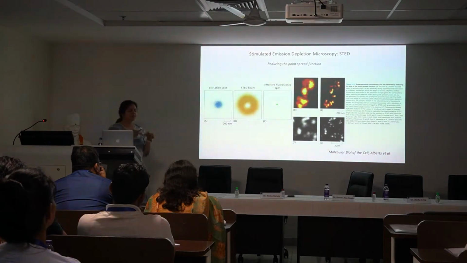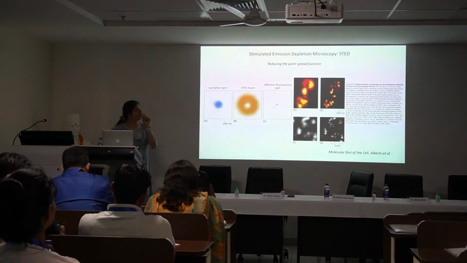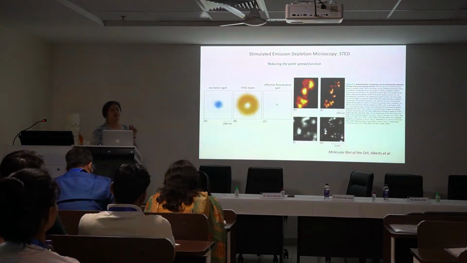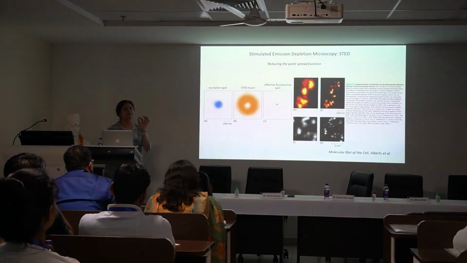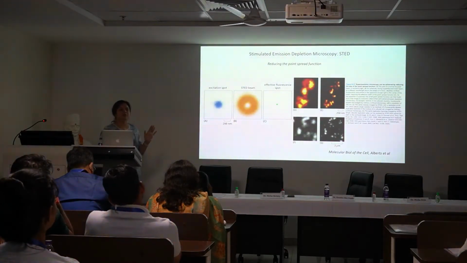Which means I want to deplete light from all other regions around. If I get light only from a very small region, then I can be sure that it is coming from a point which is now highly resolved.